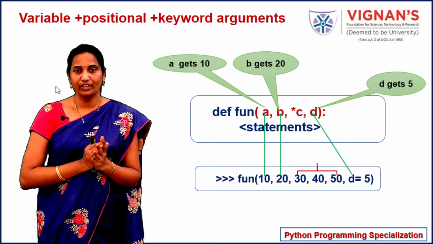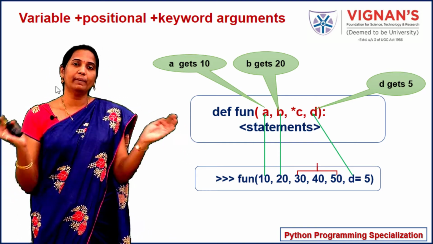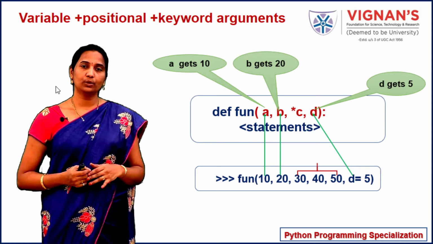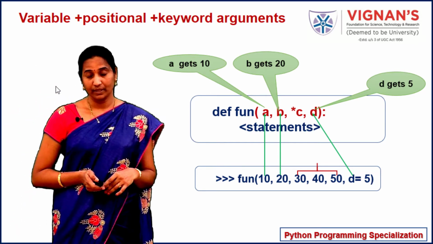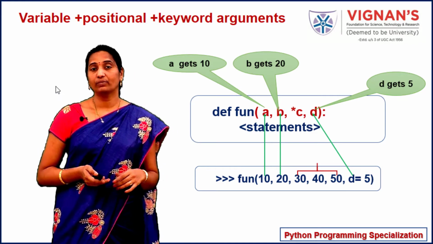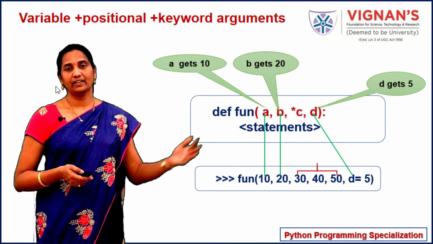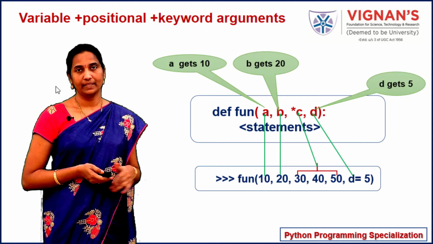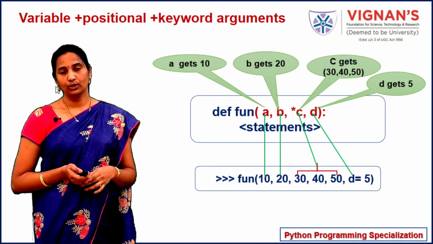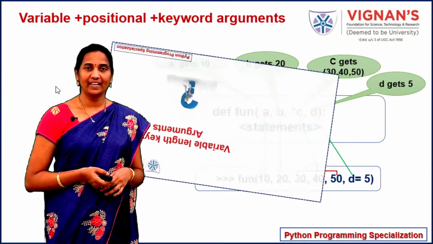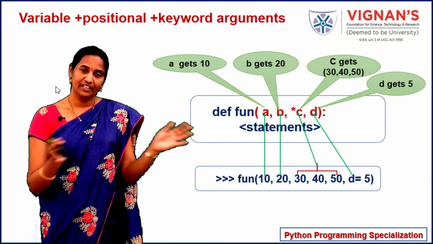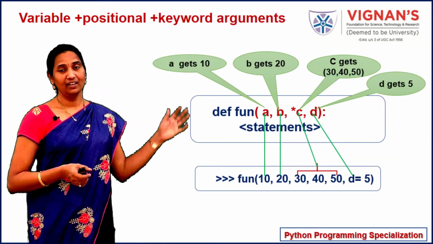So it's a collection of elements, and all these elements will be packed together and copied to the parameter which can accept the variable length argument. C is the parameter which can accept the variable length argument, so it can take all these elements as a tuple. That's how C gets a tuple with values 30, 40, 50. That's how we can combine different types of arguments in a function call.